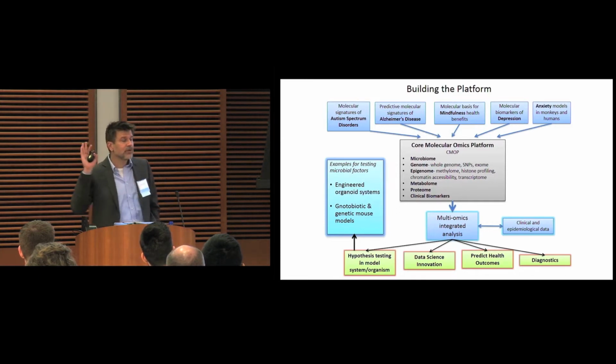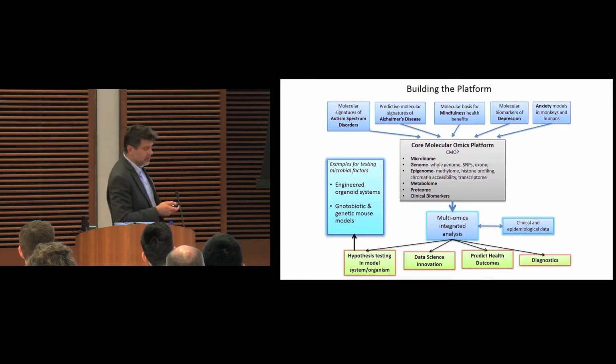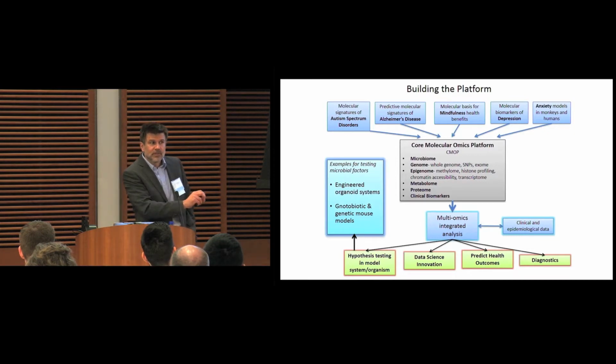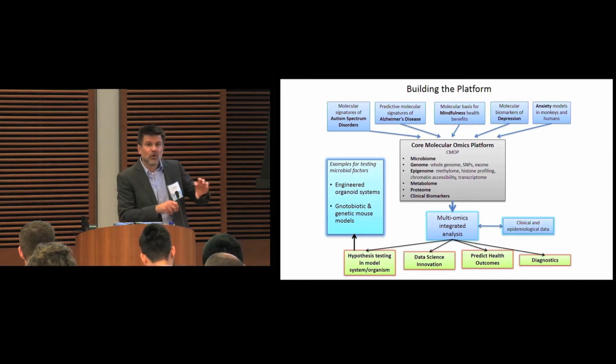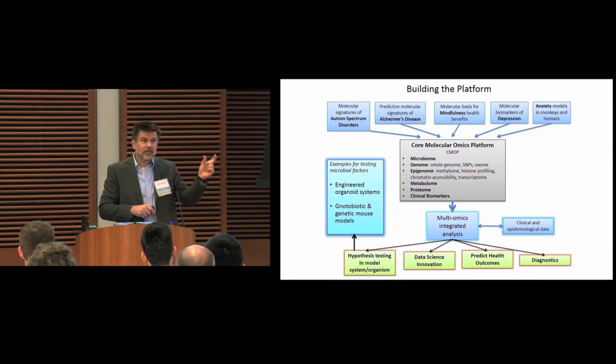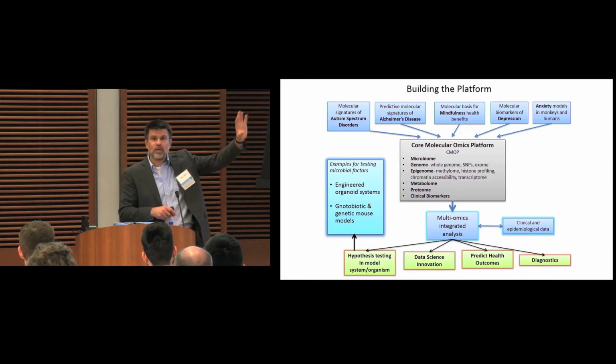So we're generating, one could envision generating genetic models, if we're focusing on the microbiome, using our gnotobiotic facility here, defined communities compared with germ-free mice, for instance. And we're in the process of developing and engineering organoids to test very specific questions about the link between the microbiome, for instance, in the gut and brain function, using potentially a co-culture of bacteria with an intestinal organoid connected to a brain organoid.